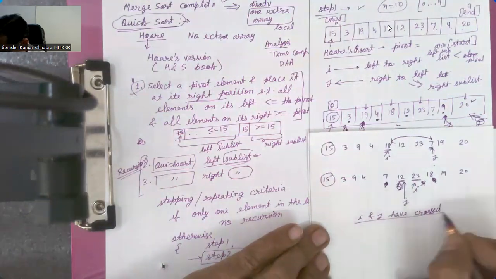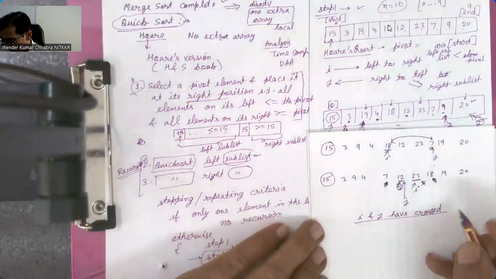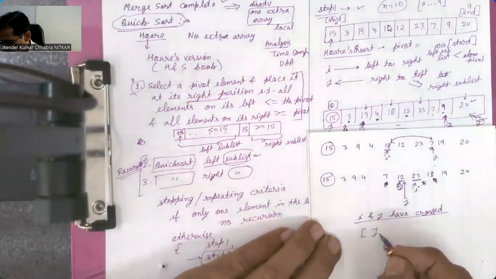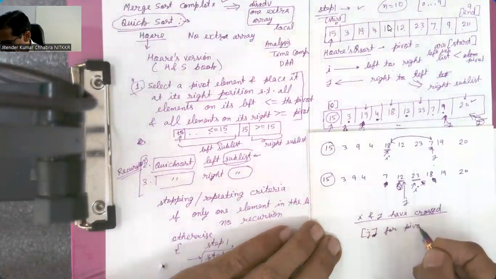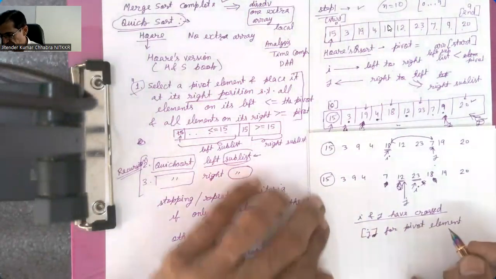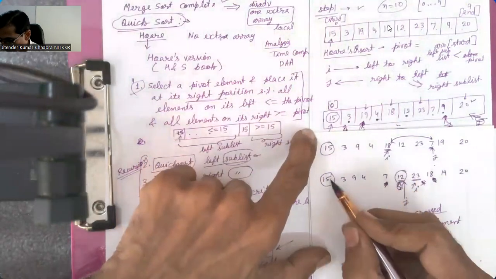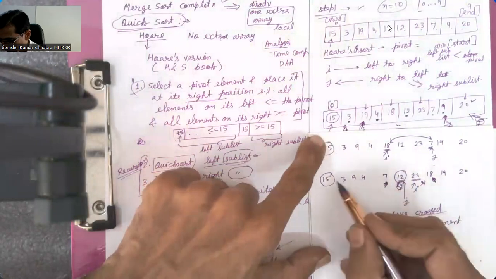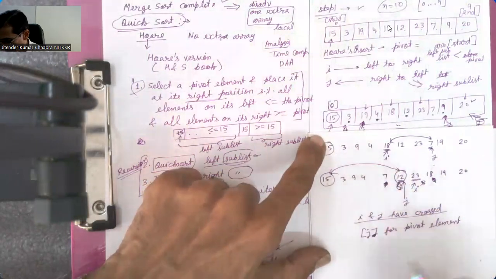Crossed each other effectively means no further shifting will be needed, and effectively the jth position is the correct position for the pivot element. You can easily see now at this point of time, 12 is lesser than 15. So if a 12 comes in the place of 15, then I have everything ready.